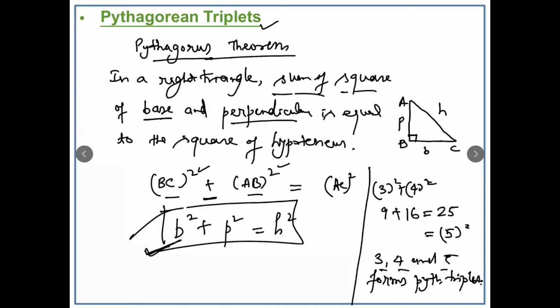These are not the only group of numbers which satisfy the Pythagoras theorem. There are many more such groups of numbers, and hence they are termed Pythagorean triplets. There is one common method or formula to find the Pythagorean triplet.